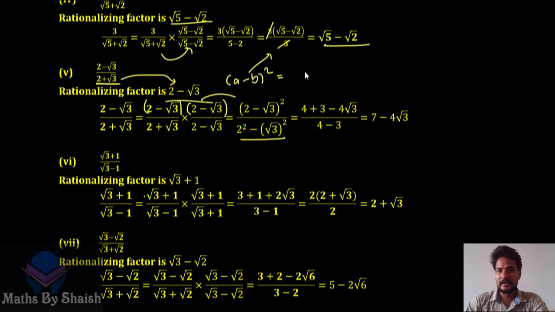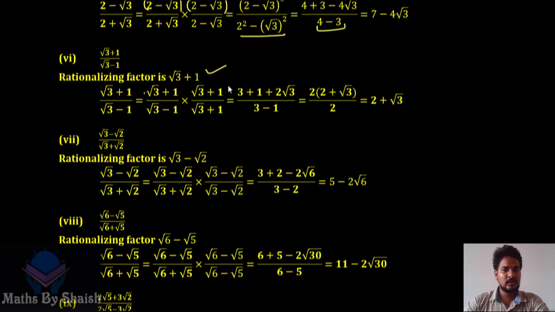Then we will use the identity a square plus b square minus 2 times ab. a square means 2 square is 4, b means root 3 square is 3, and minus 2 times 2 and root 3 is 4 root 3, which will give 7 minus 4 root 3. Because the denominator is 1, there is no need to write the denominator 1.